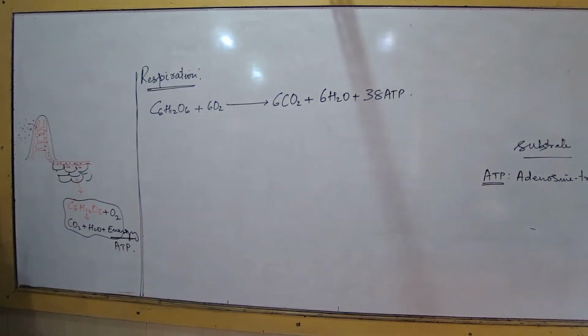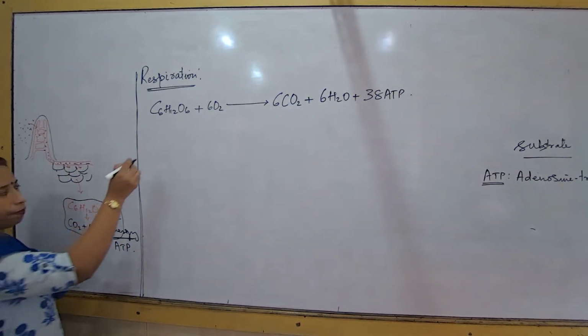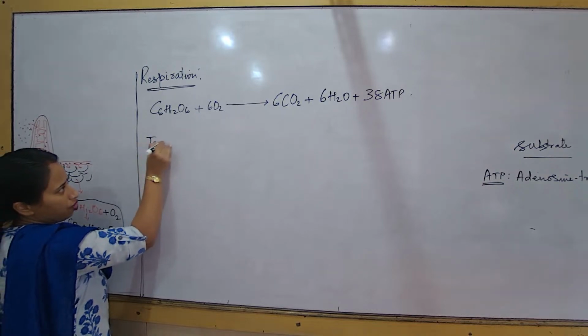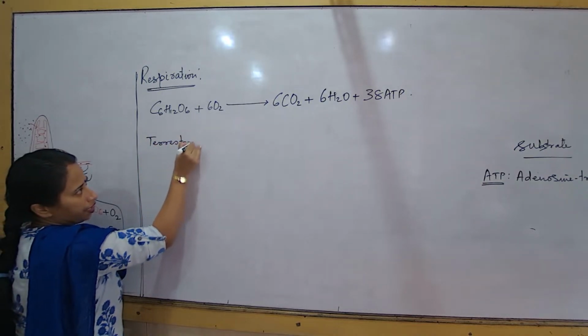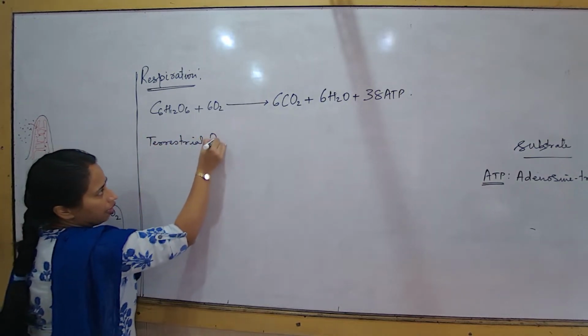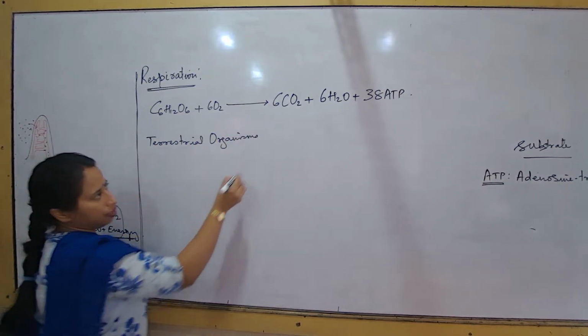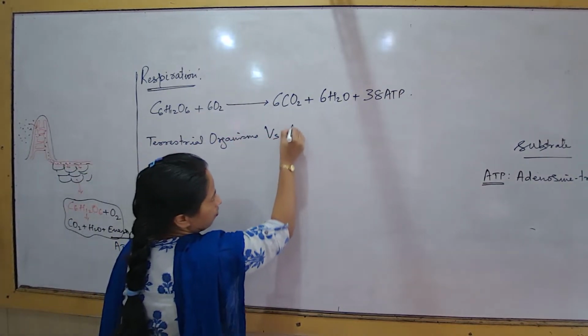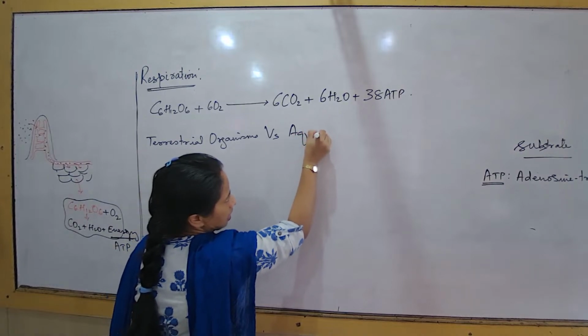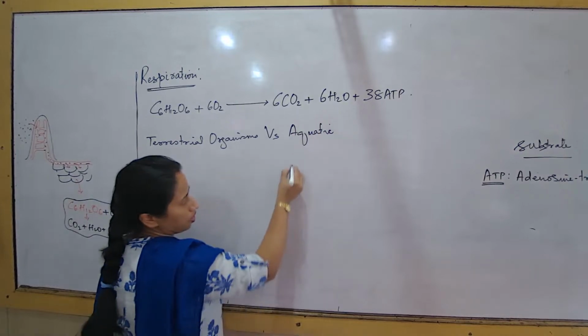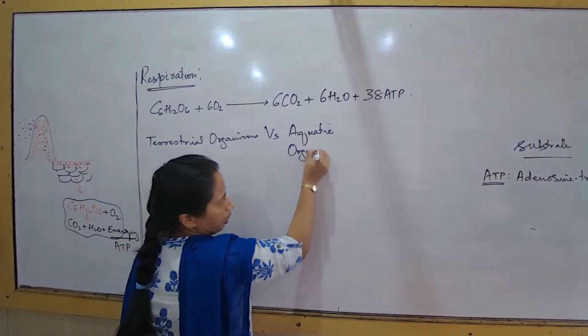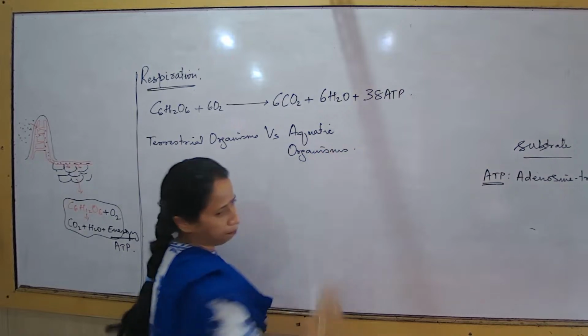Now that we are talking about the concept of respiration here, let us first try understanding what would be a major difference between the terrestrial organisms and the aquatic organisms. I'm just trying to understand what would be a basic difference between them.